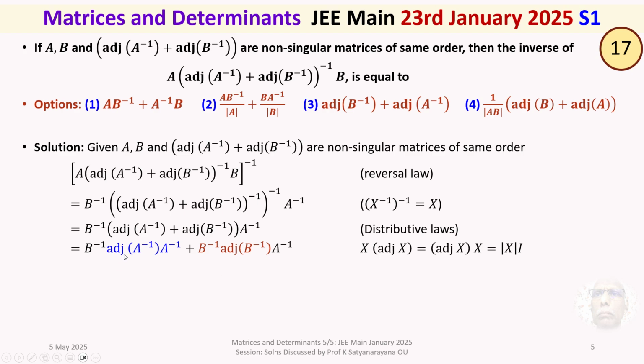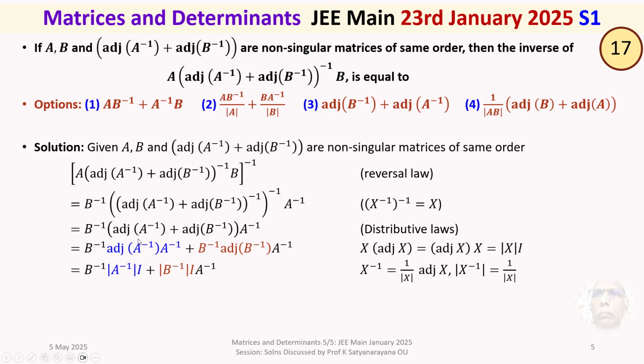Now see here, adjoint of A inverse multiplied by A inverse, and we have adjoint of x into x is the determinant of x into I, where x is A inverse. Right. And B inverse adjoint of B inverse is x into adjoint of x is determinant of x into I, where x is B inverse. So use this result.